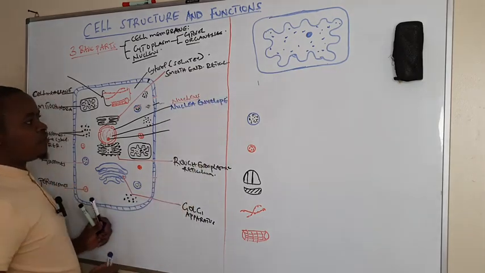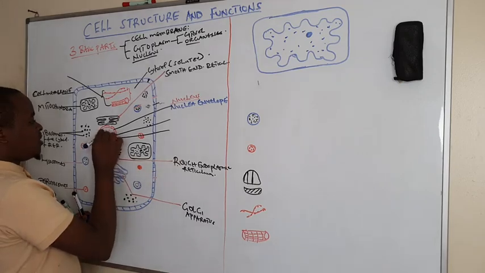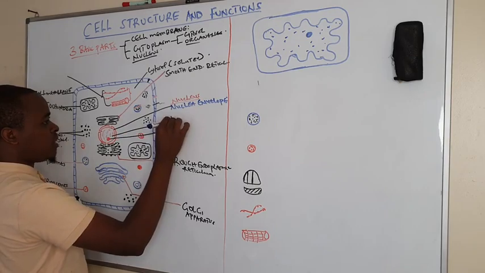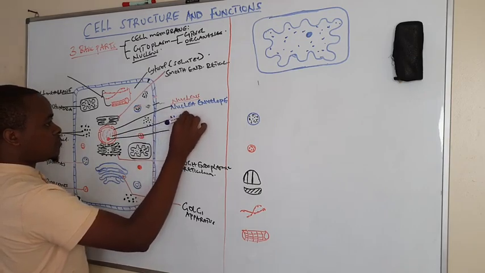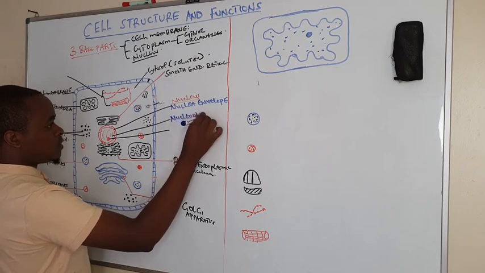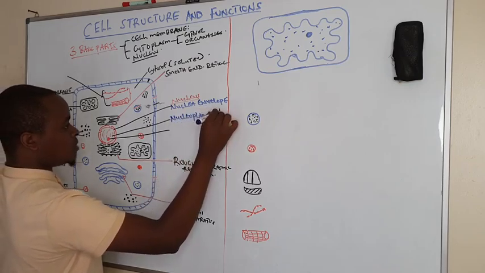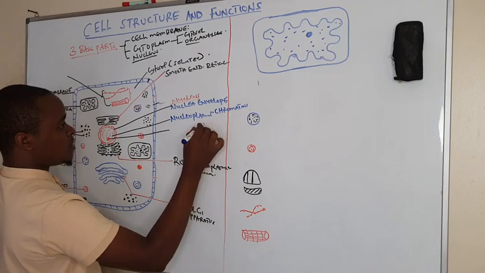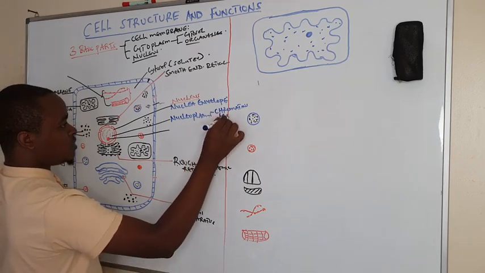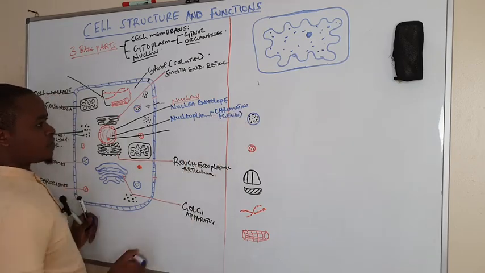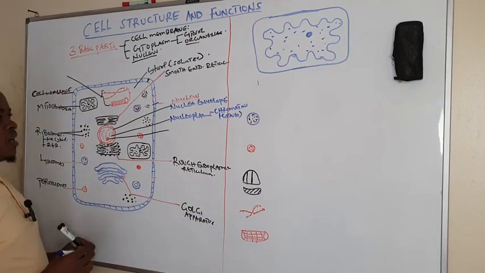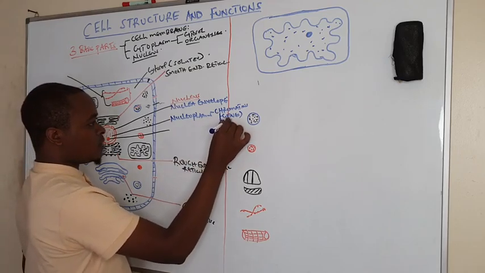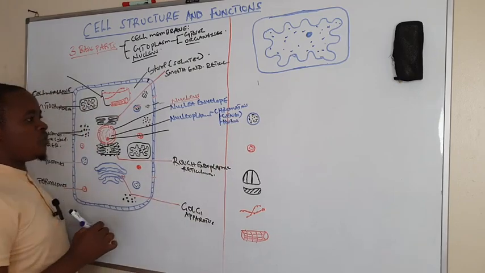Within it is the nucleoplasm, and this nucleoplasm is made up of chromatin. These chromatins are the ones that have genes for heredity. Genes are found there, and then the proteins known as histones are also within the nucleoplasm.